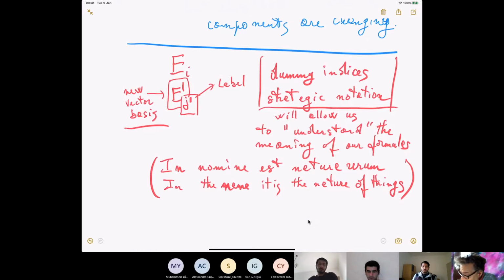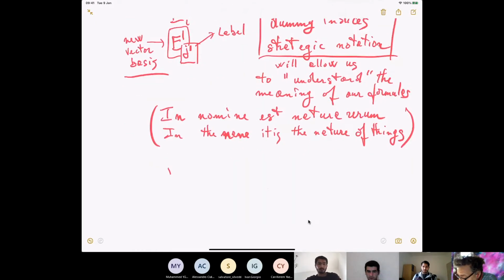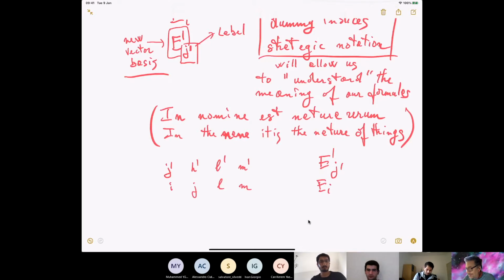So now, every index related to E prime will have the prime, and every index related to the starting basis will have no prime. Okay.